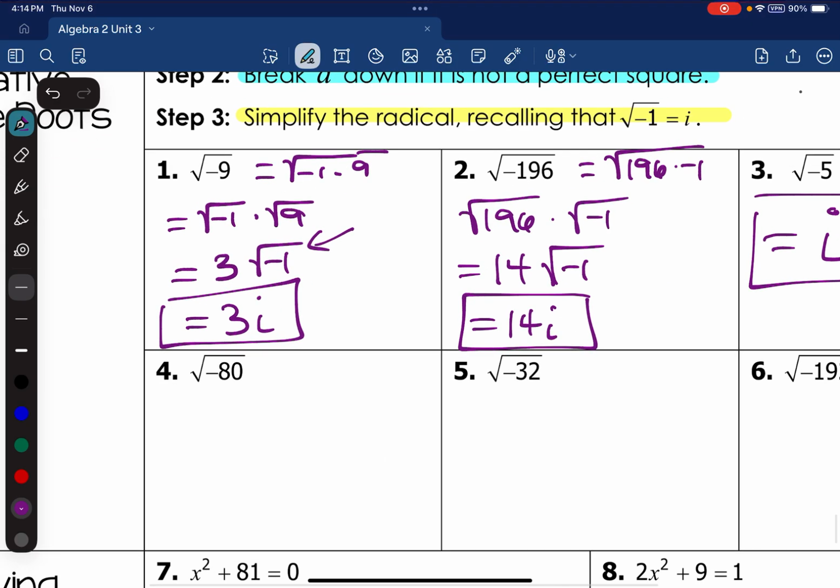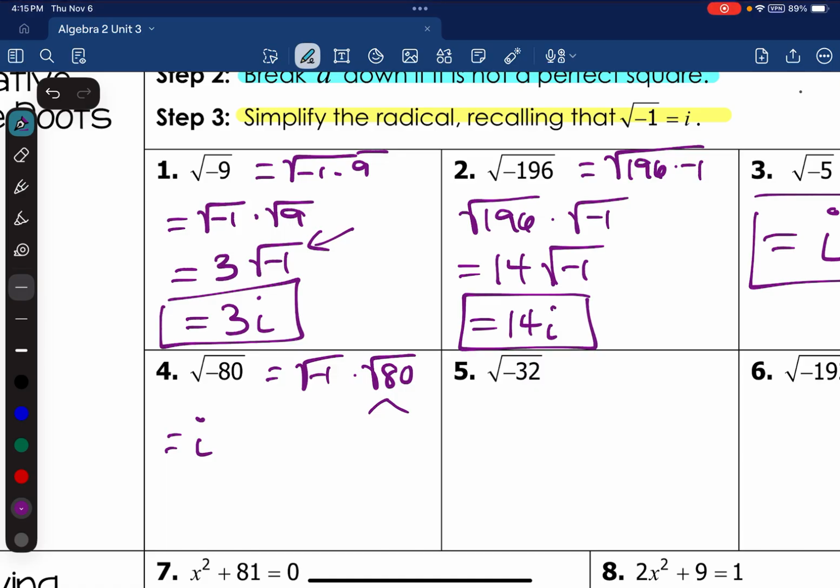Okay, so first things first. Don't know which one's going to happen, so -1 times radical 80. We know that at the end, that radical -1 is going to become i, so it's okay to turn it into i in the very beginning. Now we're going to think of factors of 80. The biggest perfect square that goes into 80 is 16.